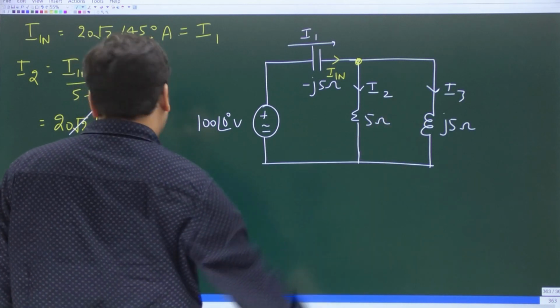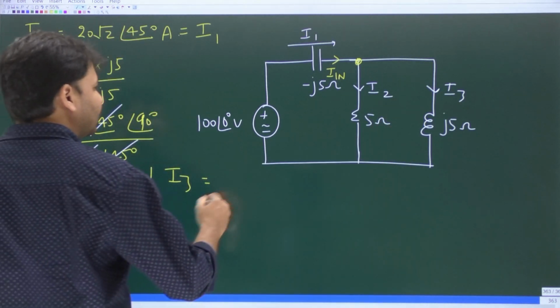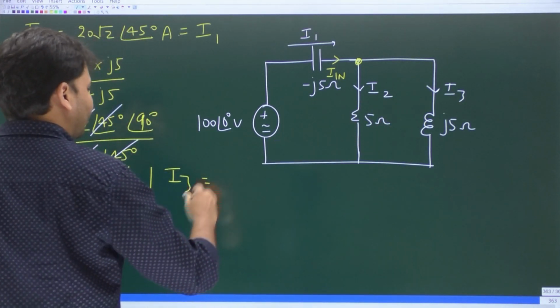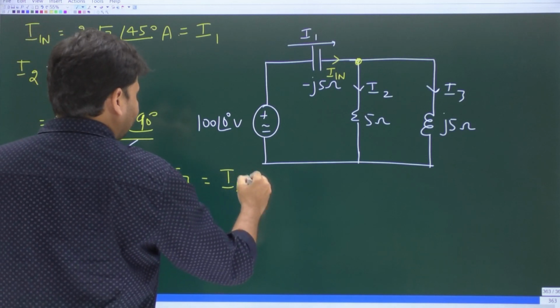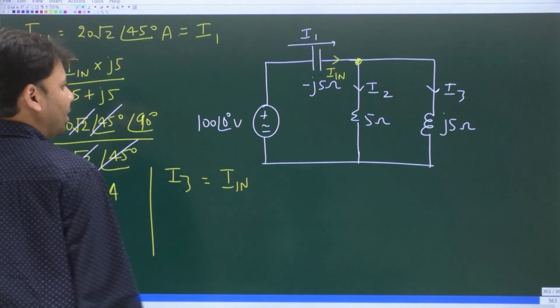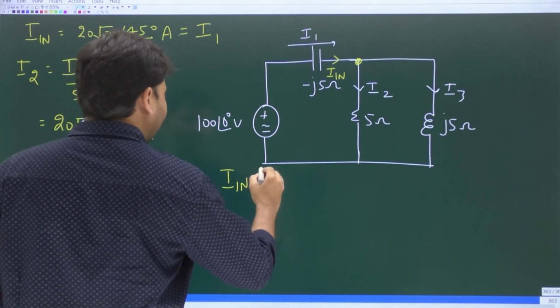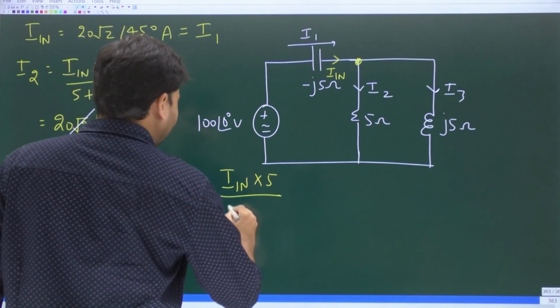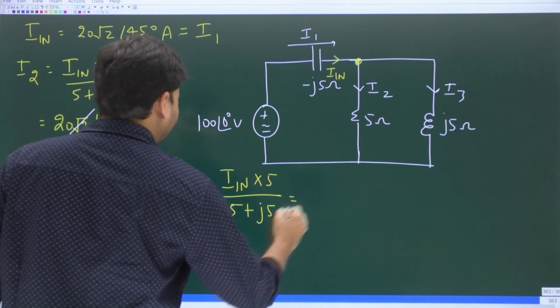So if you go by current division, what are you going to get? I3, which is the current through the J5 ohm impedance. Would it not be proportional to 5 ohms? First you write IN, because it is IN that is getting divided between the two impedances. So IN times 5 again divided by 5 plus J5.